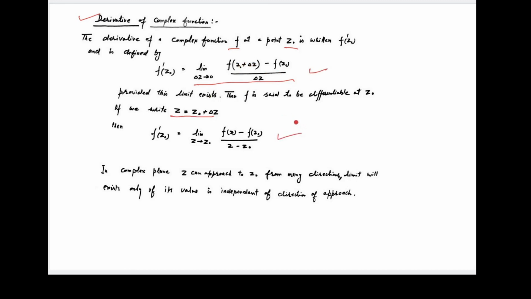So in complex plane, z can approach to z0 from many directions. Suppose this is a complex plane. Here this point is z0. So this z0 point can be approached from many directions.